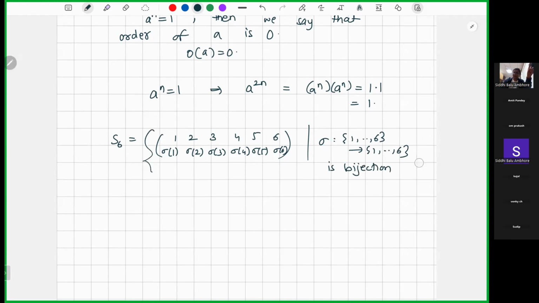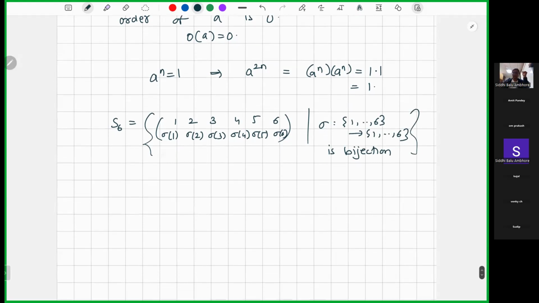Okay, this is one of the ways of writing this permutation group.